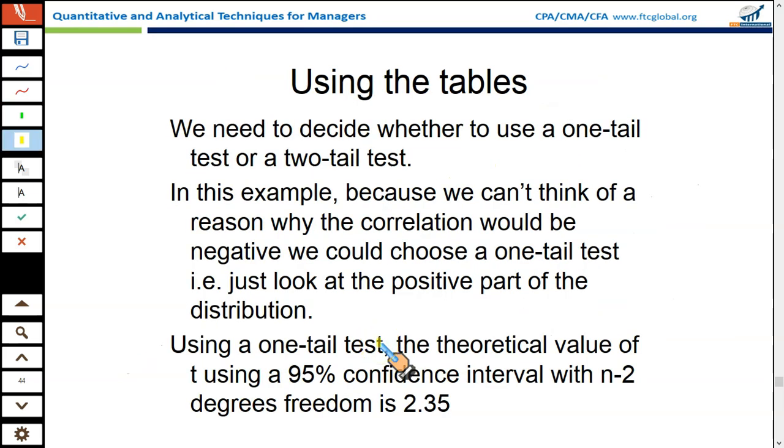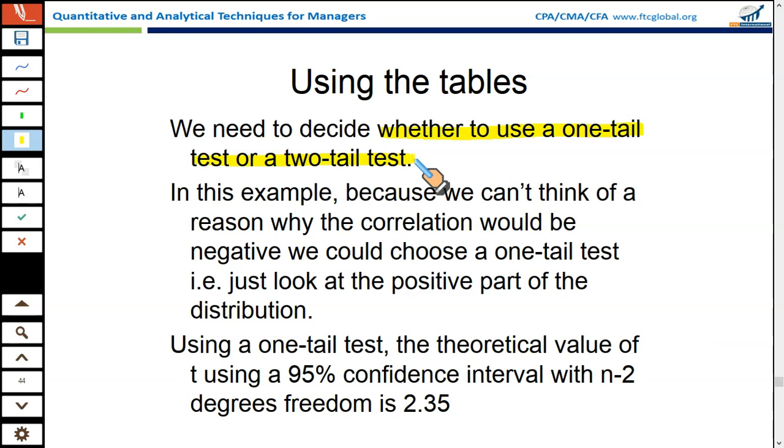The first thing you need to do is to decide whether to use a one-tail test or a two-tail test. A one-tail test normally looks for an effect in only one direction. We are going to discuss hypothesis testing later in detail in a later slide. Just to understand the idea right now, I'm just going to push this point of the topic. So in a one-tail test, we are looking for an effect in only one direction.